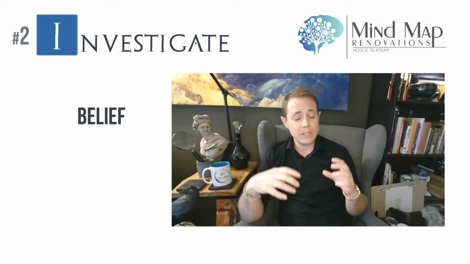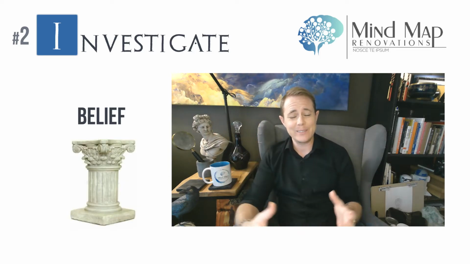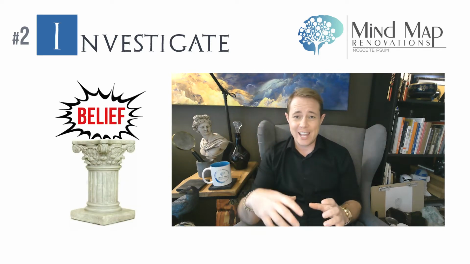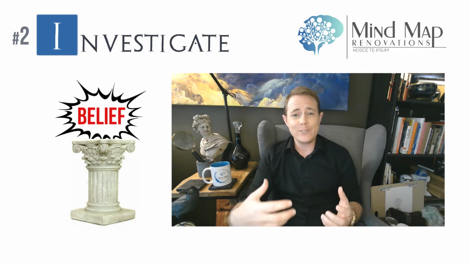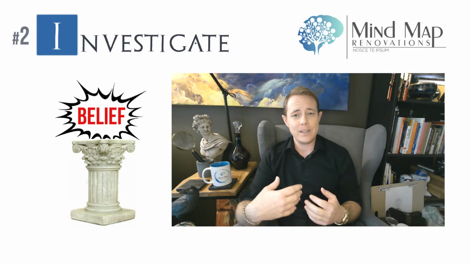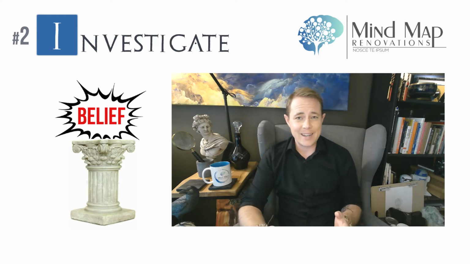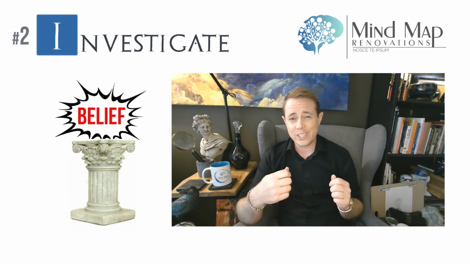Now, a lot of the times, the reason we have a negative default mode behavior is because a belief that we have, which we tend to put our beliefs on a pedestal, we tend to believe that they are correct, has been challenged. So when our beliefs are challenged, we are more likely to have negative responses. And because our subconscious is trying to look out for us and be quick and efficient, those responses may be automatic, especially if that belief is very strong.